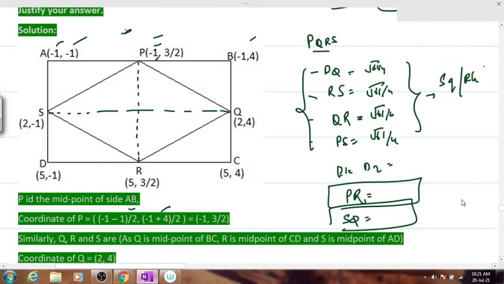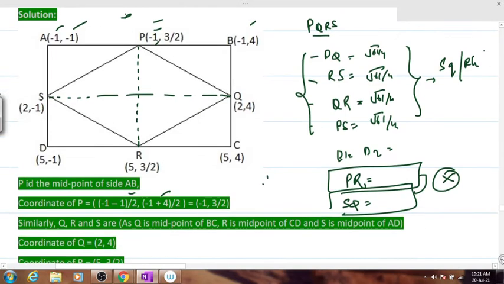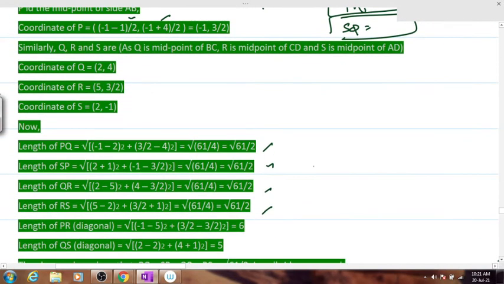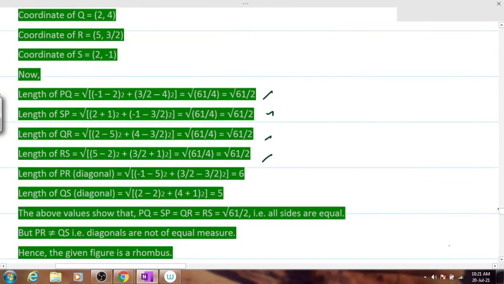So what do we conclude from here? The diagonals are not equal. Therefore, this has to be what kind of a figure? Rhombus? Yes or no? It is a rhombus. We directly see here that the length of QS is 5 and the length of PR is 6, which are absolutely not equal.